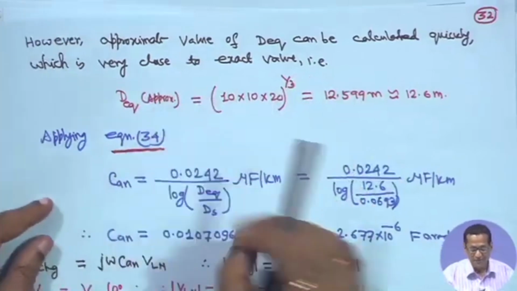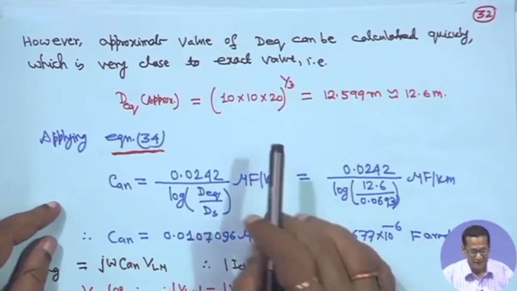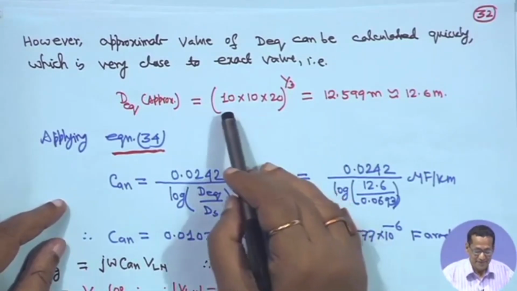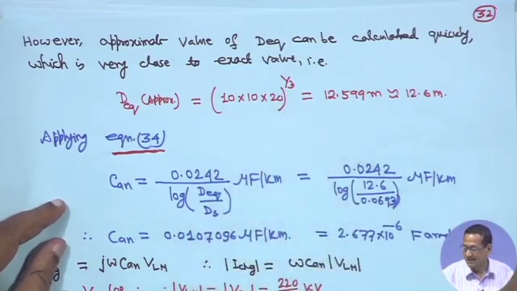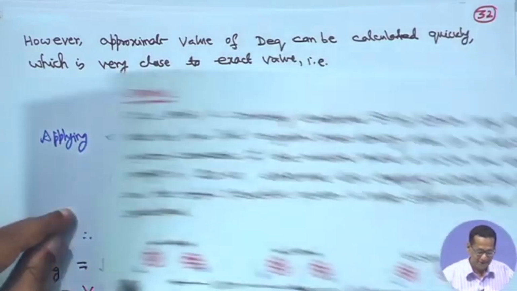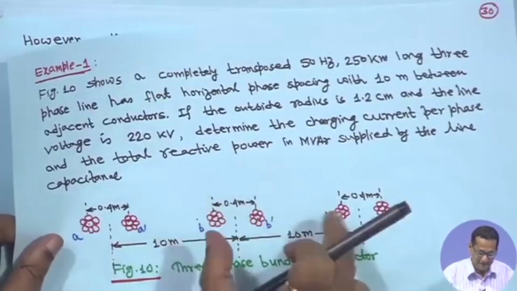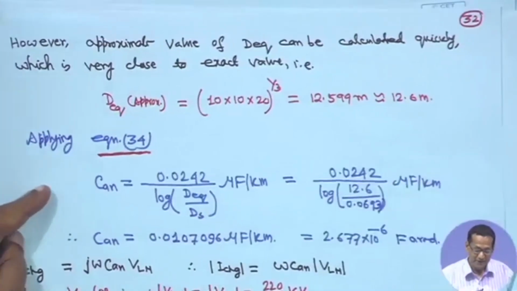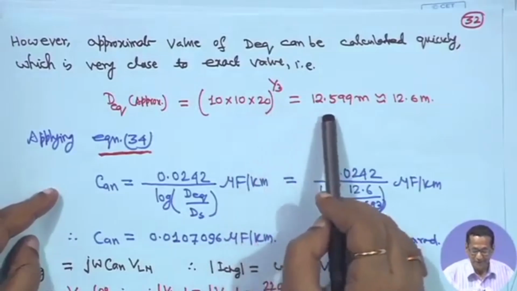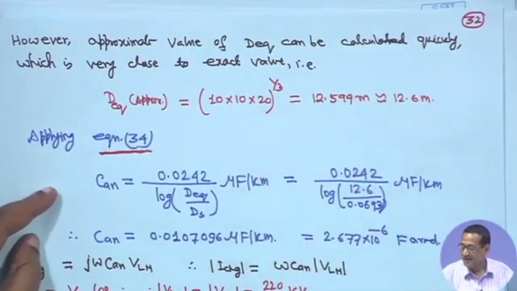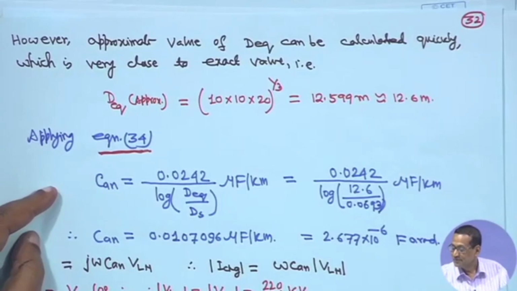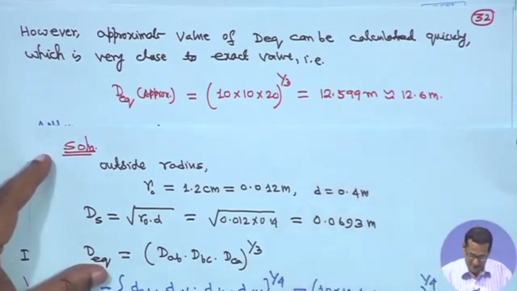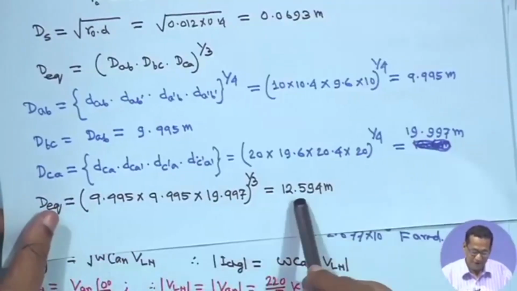If we neglect all these things, instead of subtracting this 0.4 and that, if you look at the diagram and take this as 10 and between these two as 20, then you will find that 10 into 10 into 20 to the power 1/3 is equal to 12.599 meter, and this one we got 12.594.